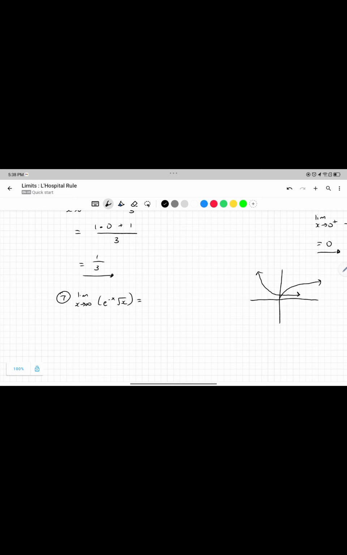So as x approaches infinity, e to the exponent of negative x approaches 0. And then as x approaches infinity, root x approaches infinity. So we have 0 times infinity, which is an indeterminate.